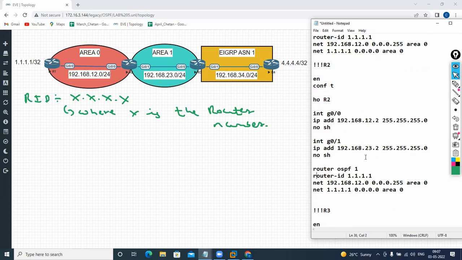So on R2, router ID will be 2.2.2.2. So network 192.168.12.0, area 0, and network 192.168.23.0, area 1.